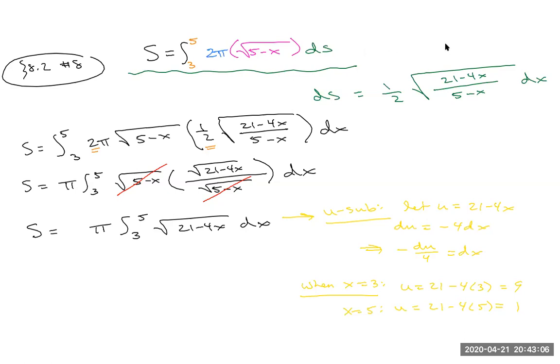So now we have pi, bounds have changed. Where there's a 3, now there's a 9. And where there was a 5, now there's a 1. And then we have a square root u, and then negative du over 4.